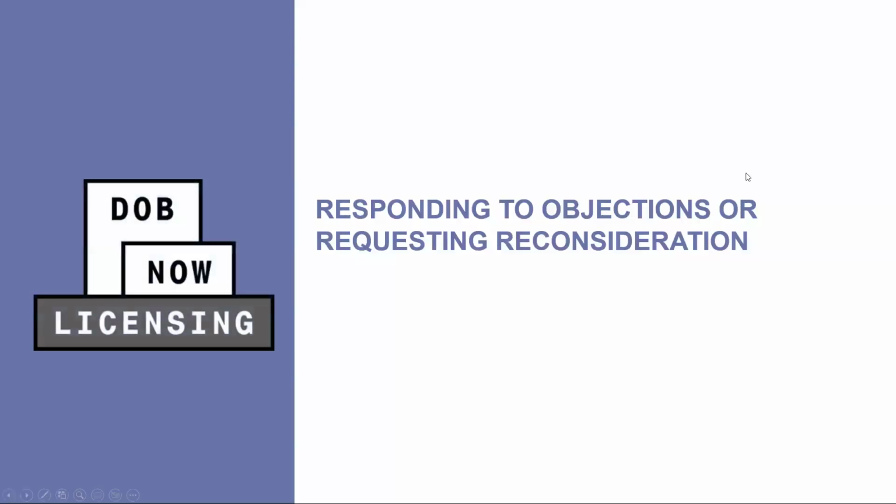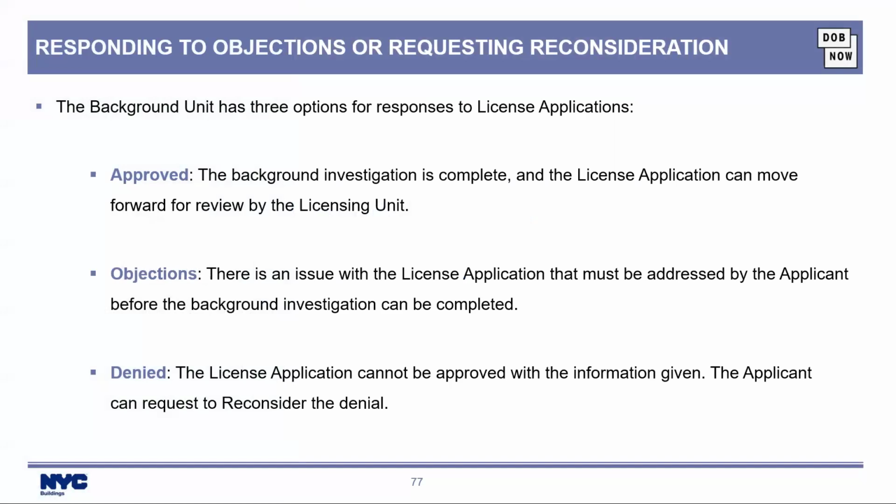Now you submit your application and it's reviewed by DOB. I want to talk about how to respond to objections and how to request reconsideration. So in general, the background unit reviewing your application has 3 options for their response. Approved means the background investigation is complete and the license application can move forward for review by the licensing unit.